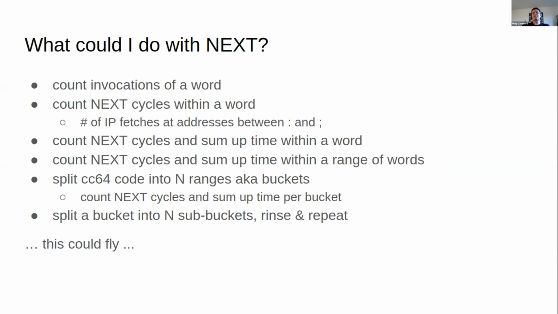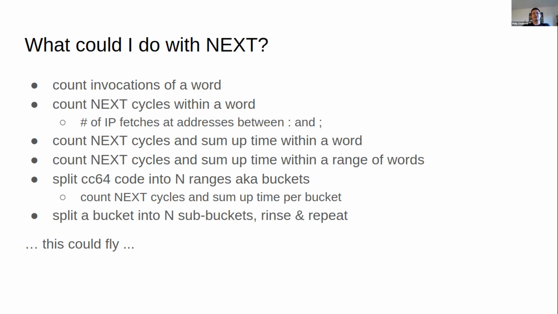I could do the same thing for a range of words. So if I'm interested in, let's say, the scanner, I could count cycles and time that's spent within the scanner. And I could split my entire code into these kinds of code ranges, memory ranges. I call them buckets, and then sum stuff up per bucket.